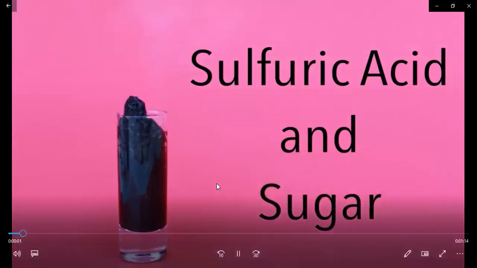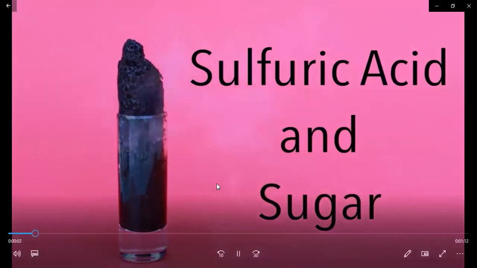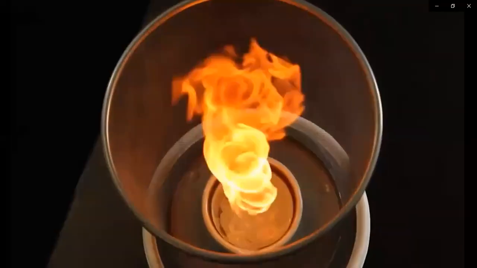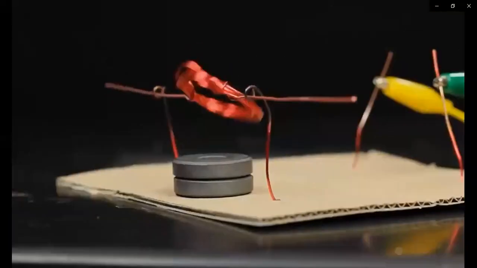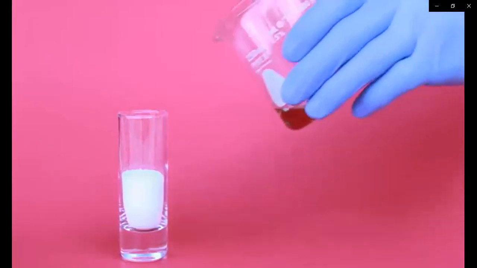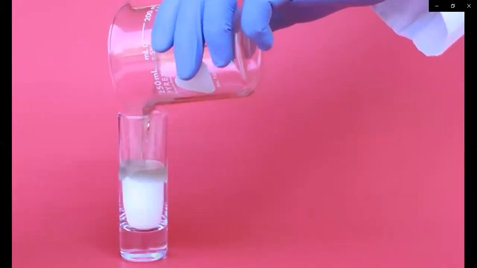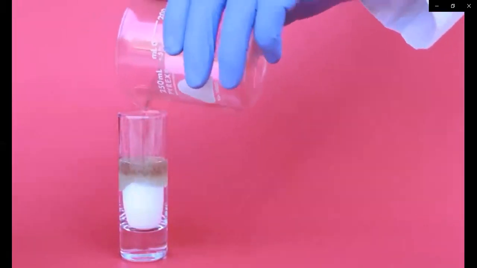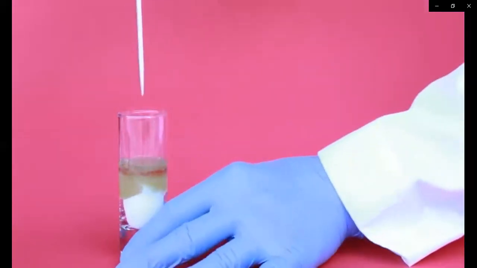Bearded Science Guy here, and today I'm going to show you how to make a dehydration reaction of sugar using sulfuric acid. Start by filling a glass container about a third of the way full with either granulated or powdered sugar. Now pour in roughly the same volume of concentrated sulfuric acid, but be careful, concentrated sulfuric acid is one of the most corrosive compounds out there and can cause instantaneous tissue damage.